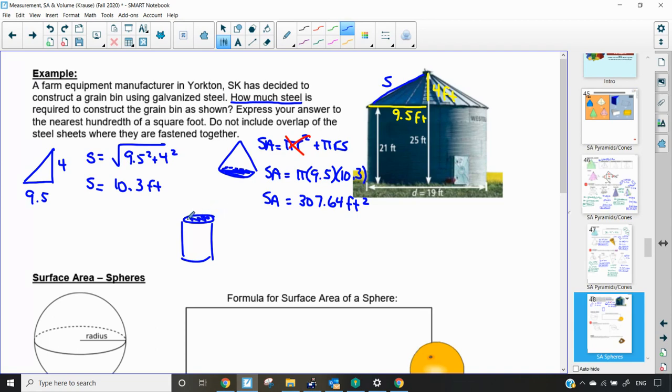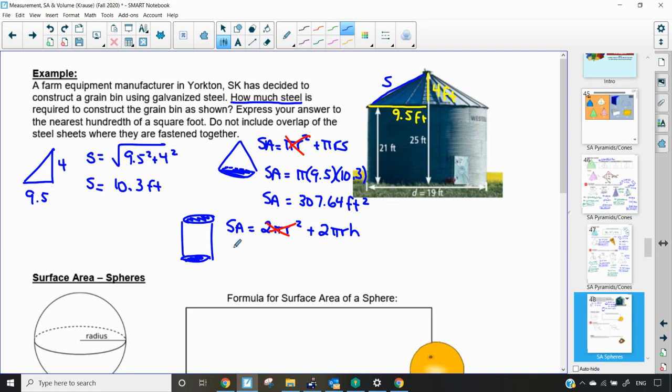Now taking a look at the cylindrical section, again, our top circle is going to be covered up, so that's going to adjust our formula. Then we have the lateral face, and we have no circle on the bottom either. Calculating this out, our original formula is 2 pi r squared plus 2 pi r h. Because the circles are not included, we're going to cross those off.